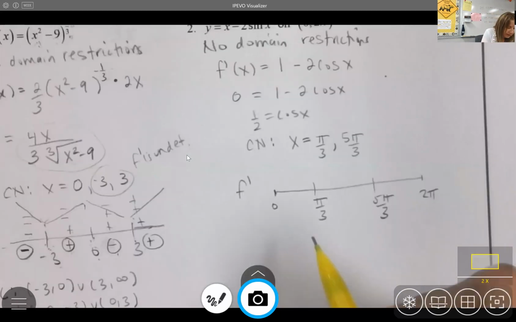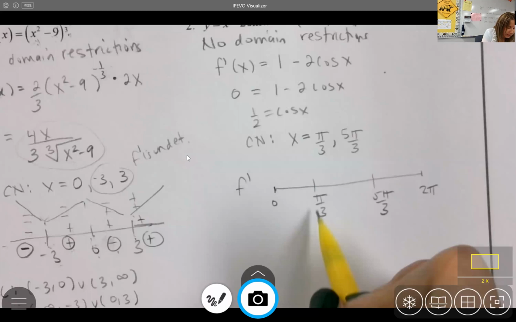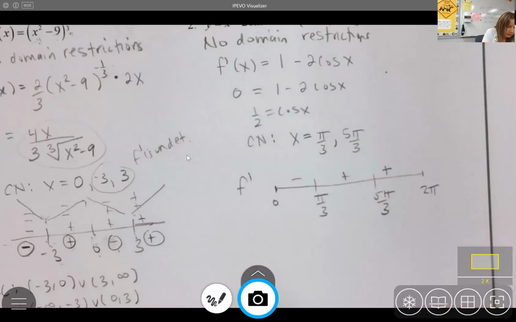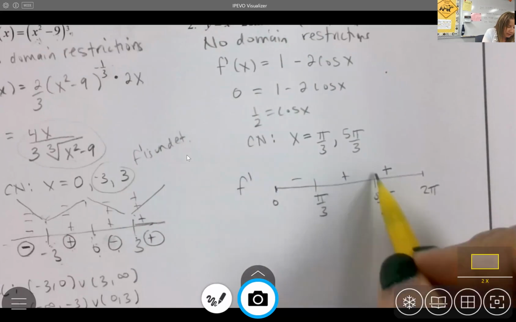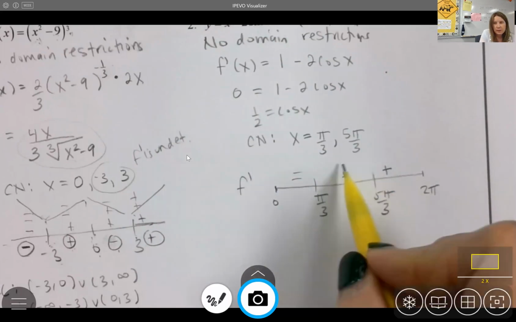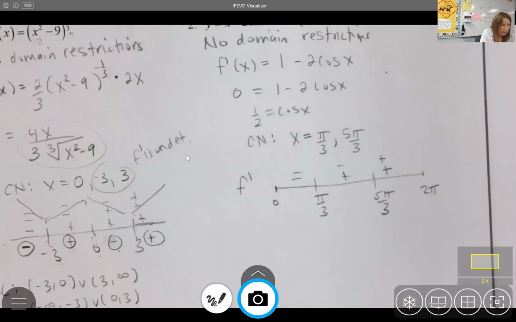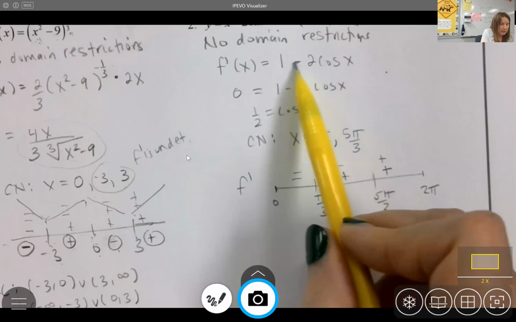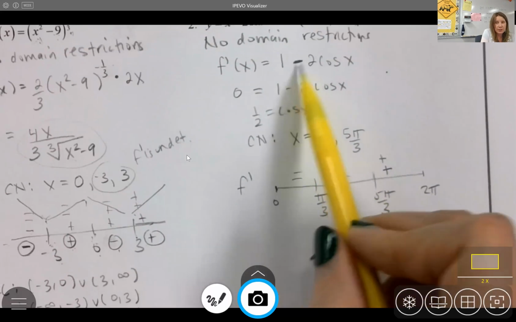Okay, so on the left of pi thirds is negative, and the right is positive. Scoot over to 5 pi thirds, negative, negative, positive. And I want you to notice one other thing, is that this function has a negative in front of my cosine. So there's a reflection here.